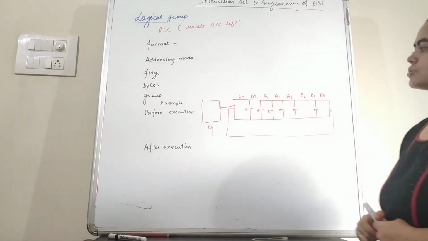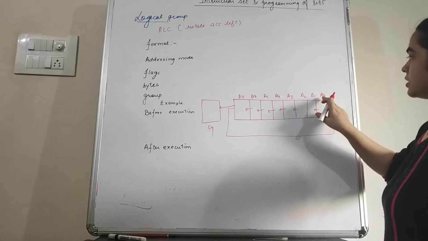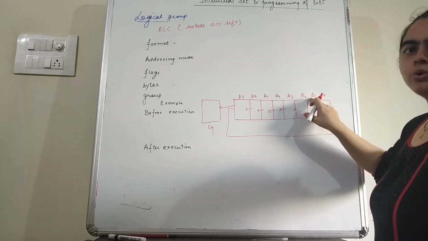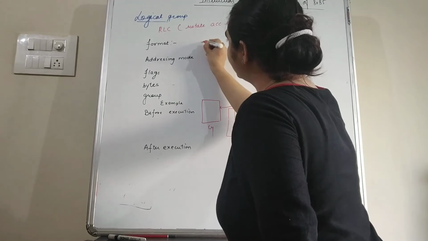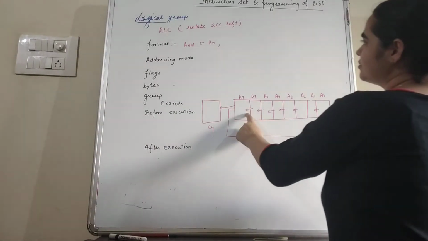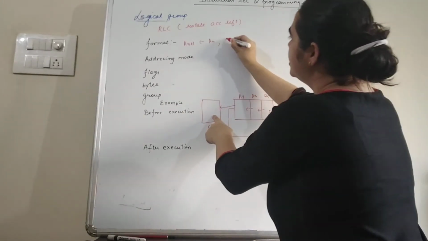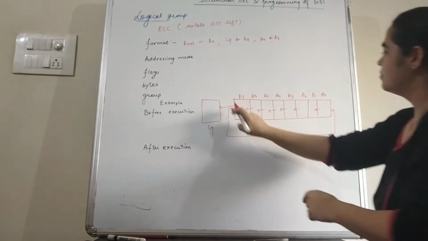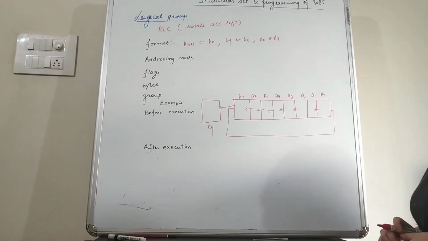So according to this, the value of An will be moved to An+1, and after this the value that is in A7 will be moved to the carry flag, and also the value in A7 will be moved to A0. So this is the format of RLC.